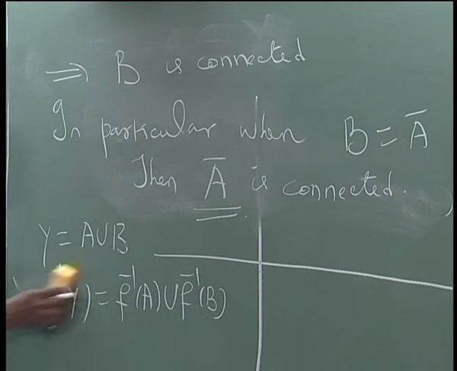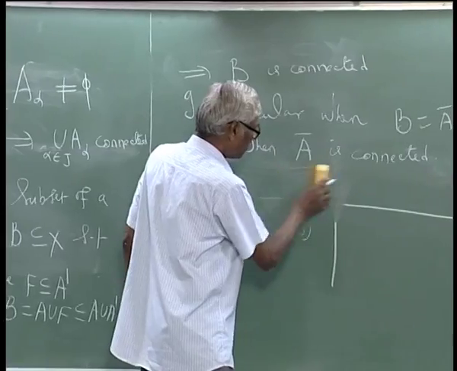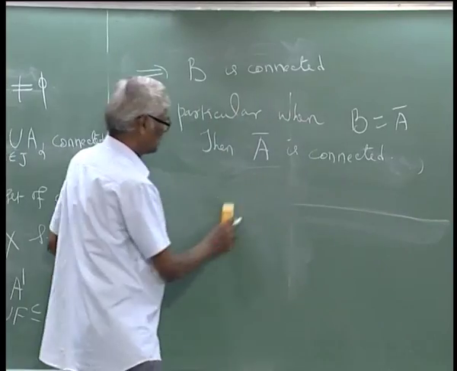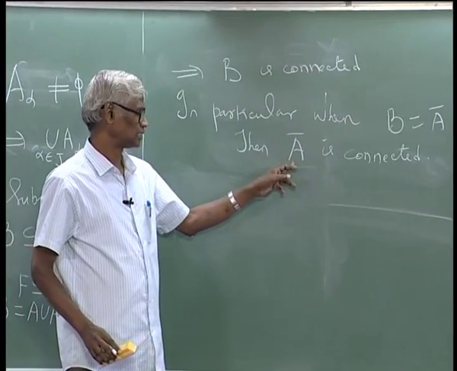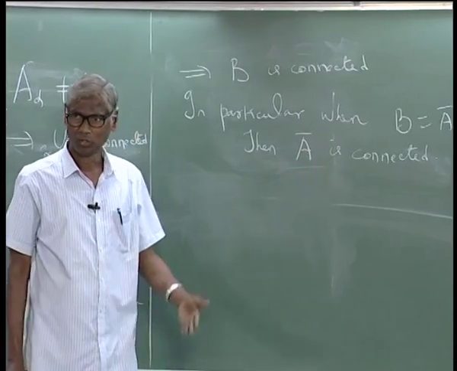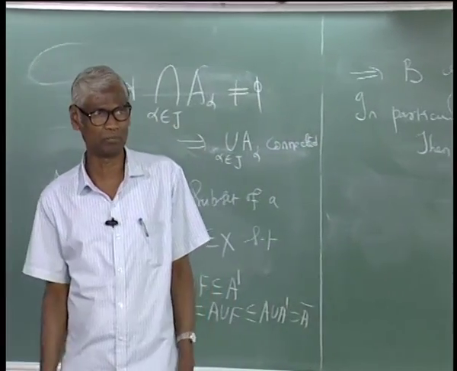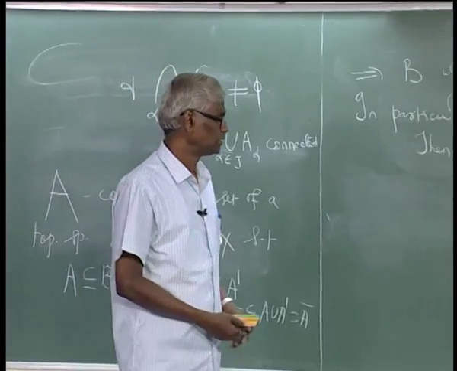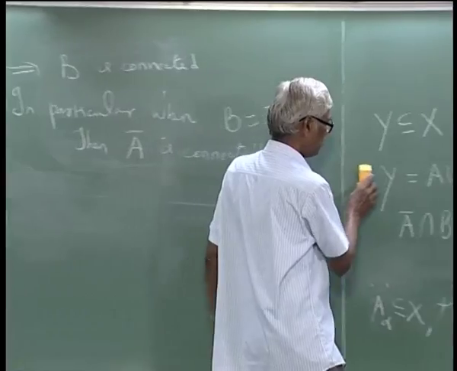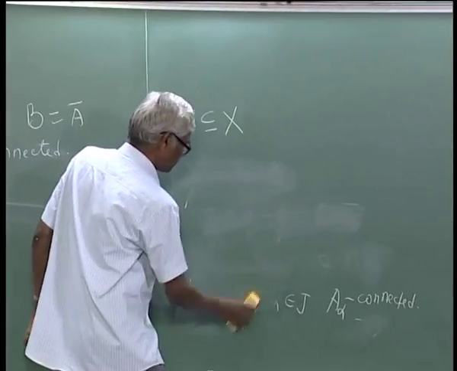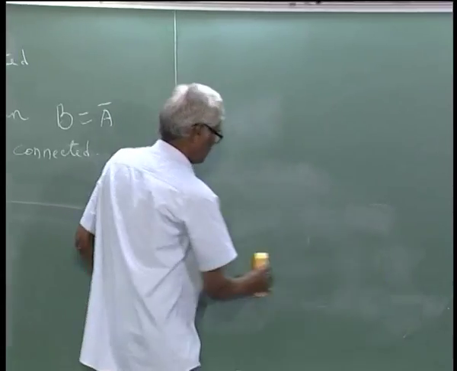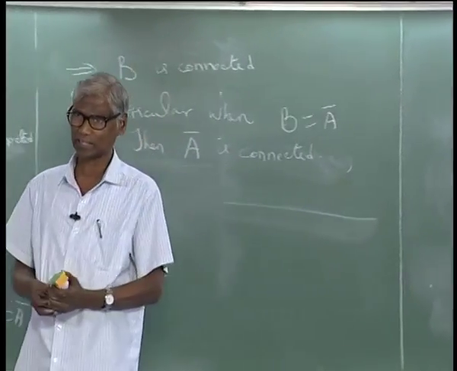Now let us see how efficiently one can use this notion, that A connected implies the closure is connected, to prove that the product of connected topological spaces is connected. First, geometrically it is intuitively clear.